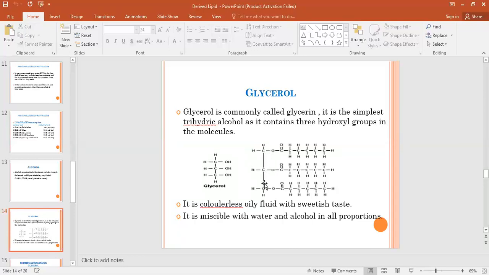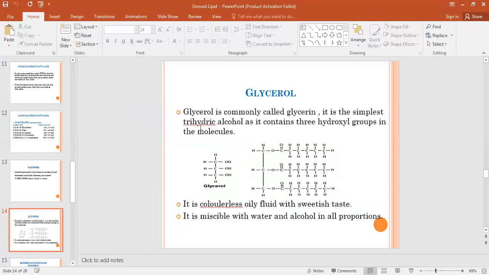Glycerol is attached with 3 fatty acids. Just to repeat, glycerol is commonly called glycerin.